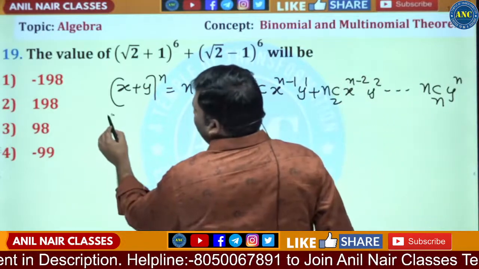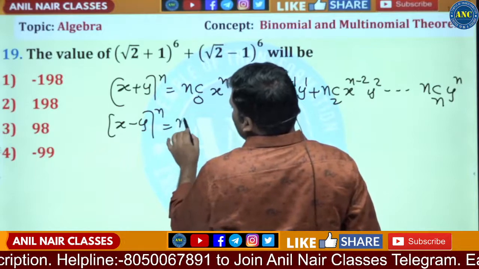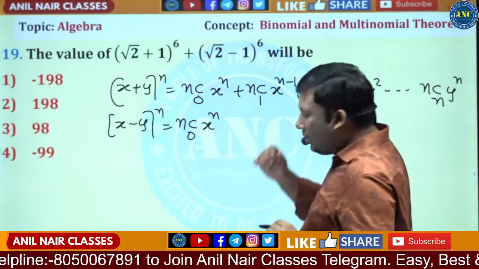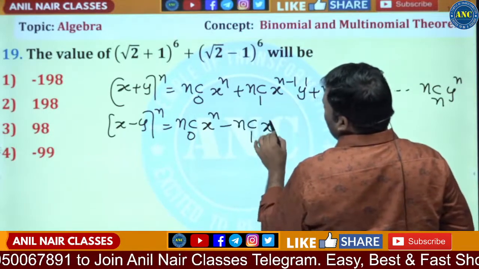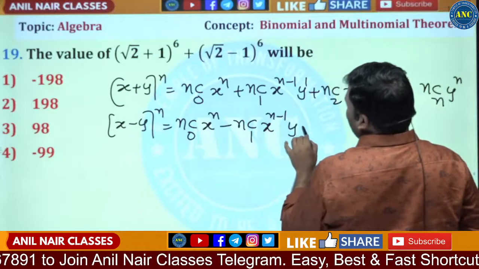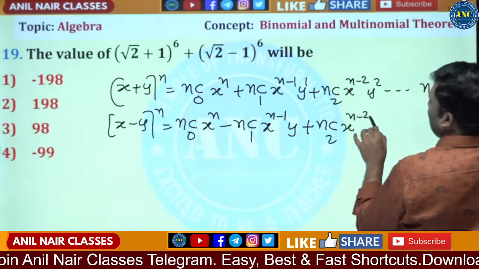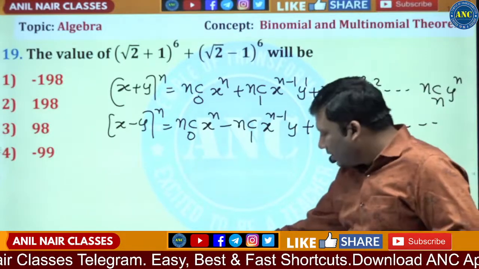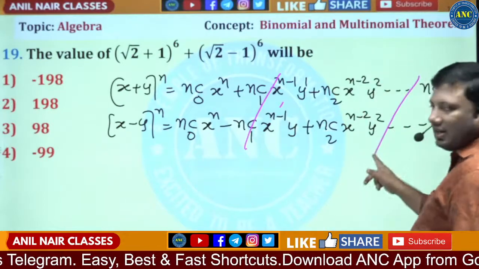Instead of y, if I keep minus y, (x minus y) power n is nC0 x power n, minus nC1 x power n minus 1 y, plus nC2 x power n minus 2 y square, and so on. So all the odd terms are cancelled.